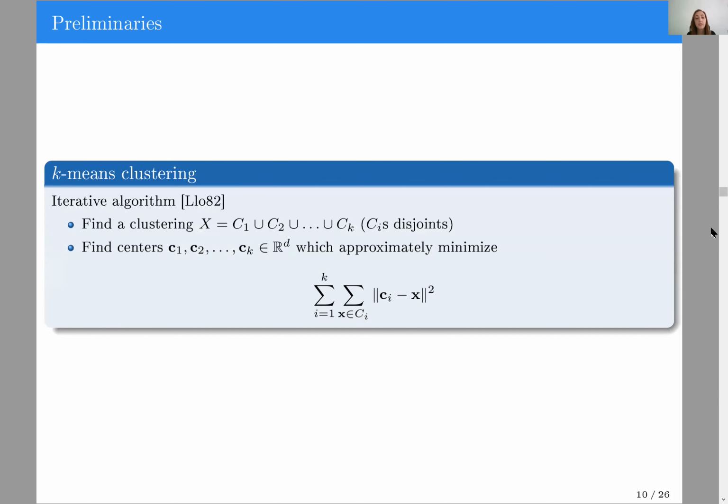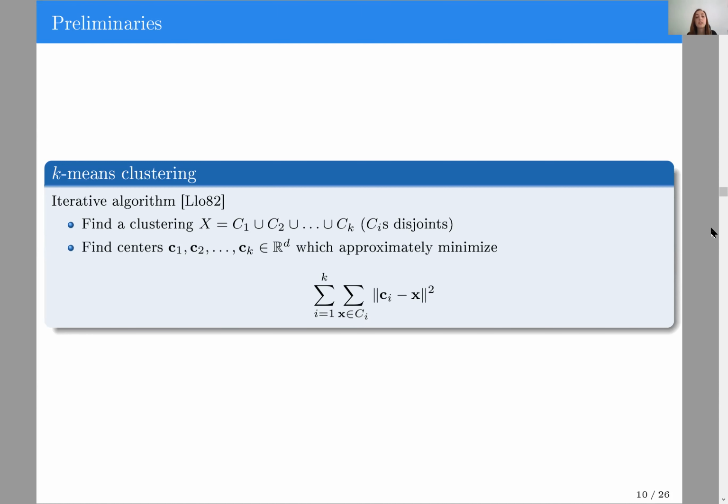So k-means clustering is an iterative process that allows us to cluster the database. If we call the database X, we're going to try to create clusters, which are disjoint subsets of the dataset X. And for each of these clusters, we're going to find a center, which will minimize the distance with the points in the cluster.